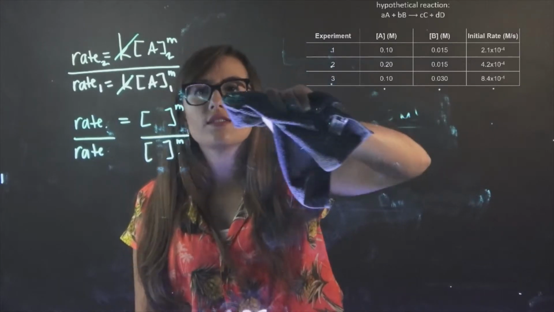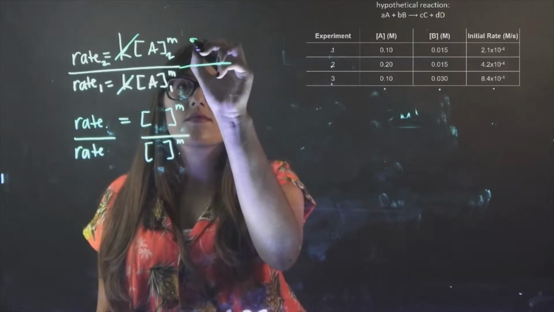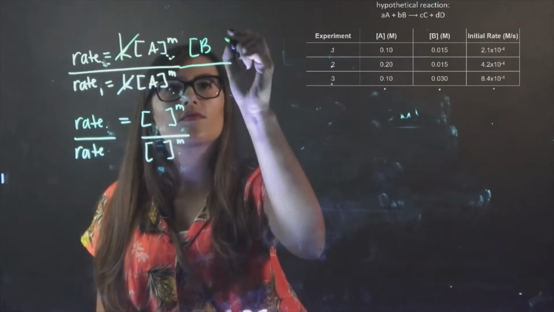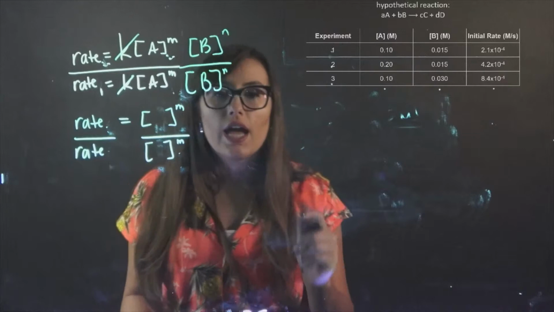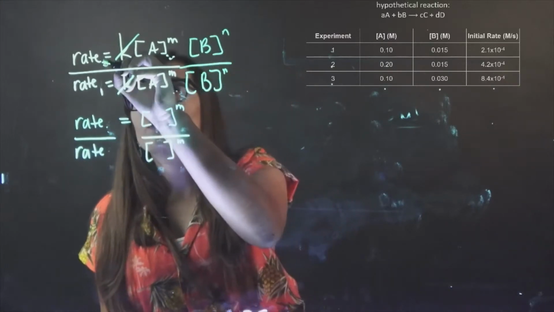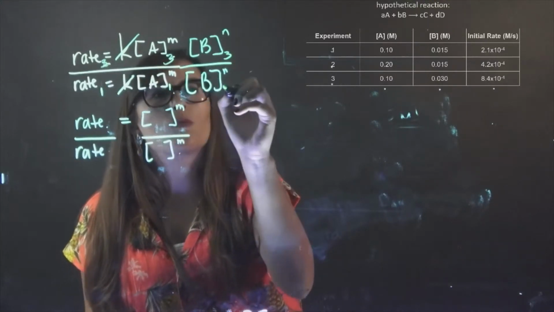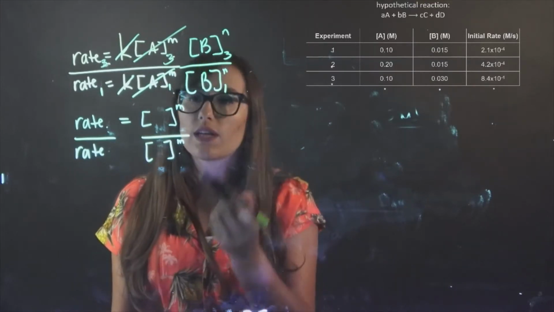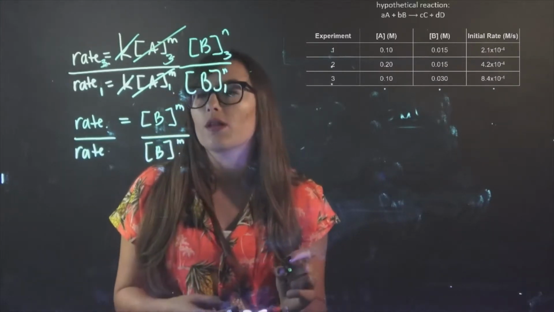Once we hold everything constant, for this case we're going to look at experiments 1 and 3. And we're going to have experiment 3 on top divided by experiment 1. In this case, the concentration of A is being held constant, so it cancels out. We're left with a similar expression down below.